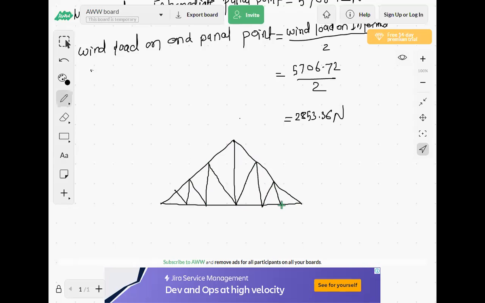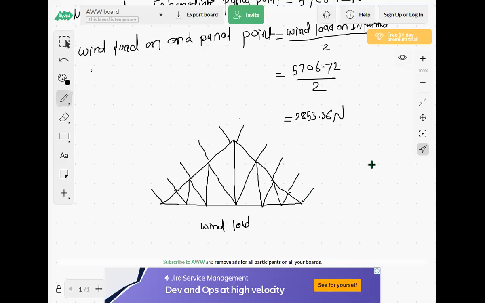Because this is not similar to the live load and dead load. Wind load is acting like this, not vertically downward. Wind load is acting perpendicular to the roof truss.